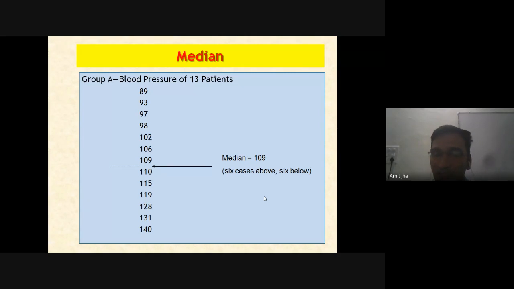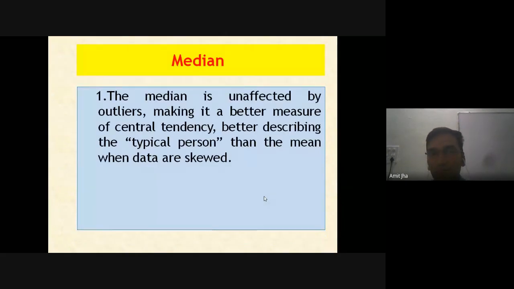But in the case of the mean, if 1 lakh were there, then the mean would be entirely changed. So that's why the mean is most affected by outliers, and the median is unaffected by outliers, making it a better measure of central tendency and better describing the typical person than the mean when data are skewed.